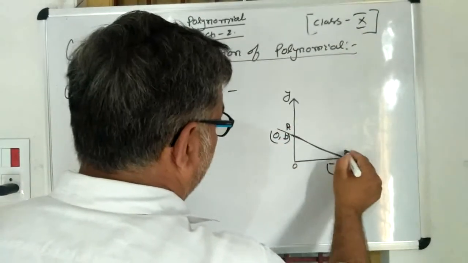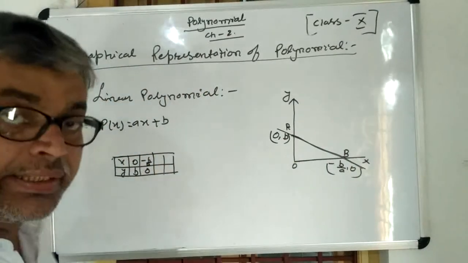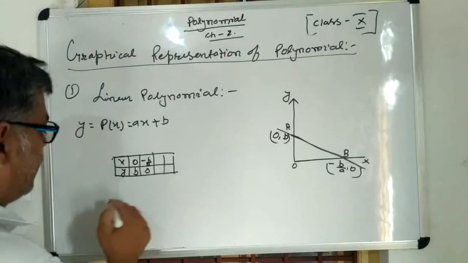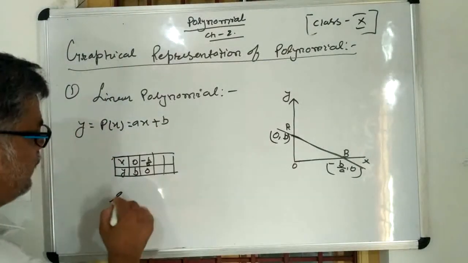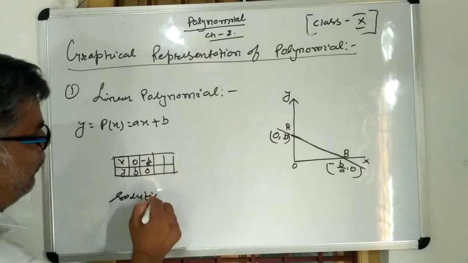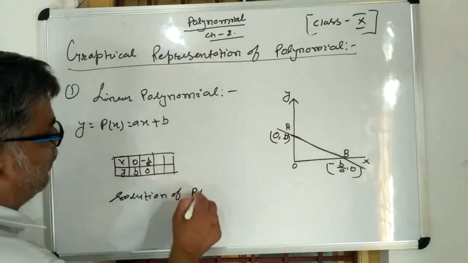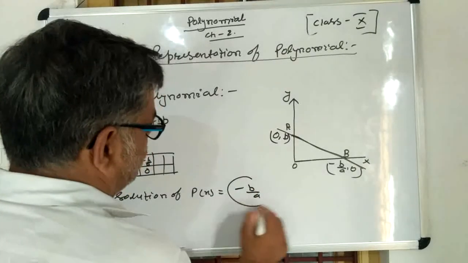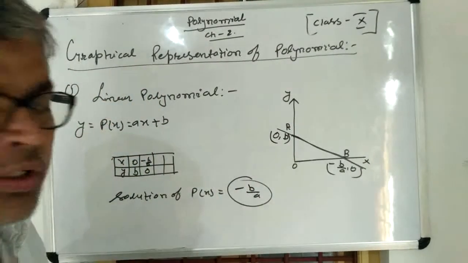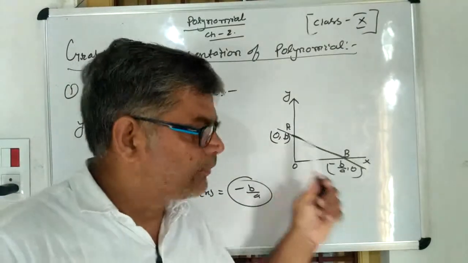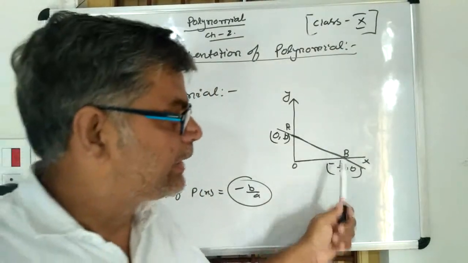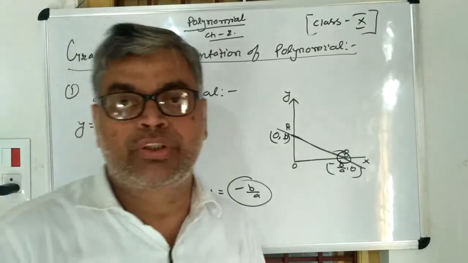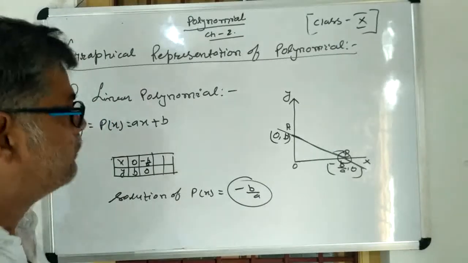Suppose this is point A and this is B. This is the representation of the linear polynomial, and the solution of the linear polynomial p(x) will be minus b by a. Where the graph of the linear polynomial intersects the x-axis, that point will be the solution.